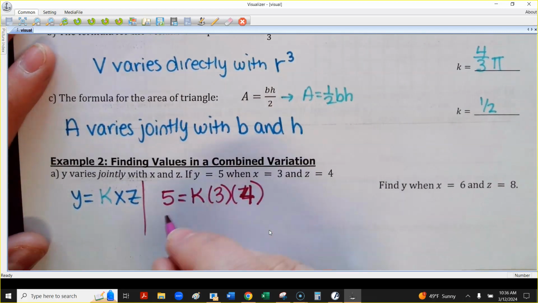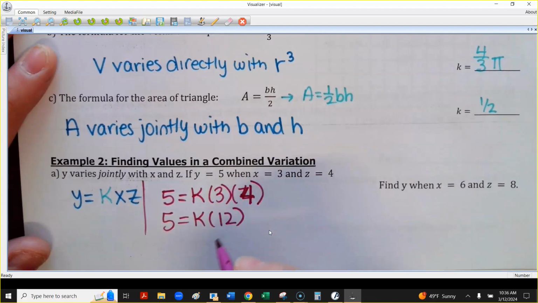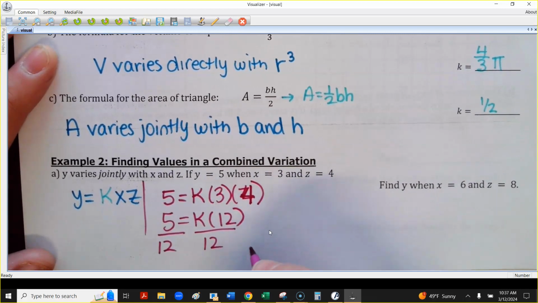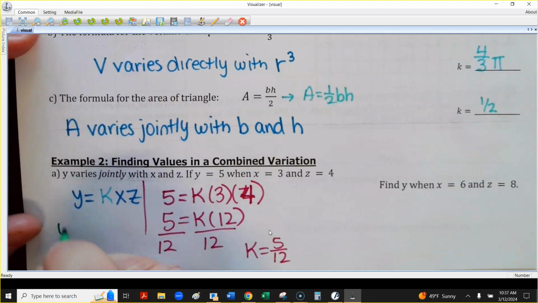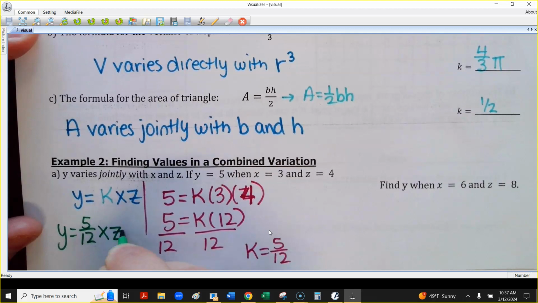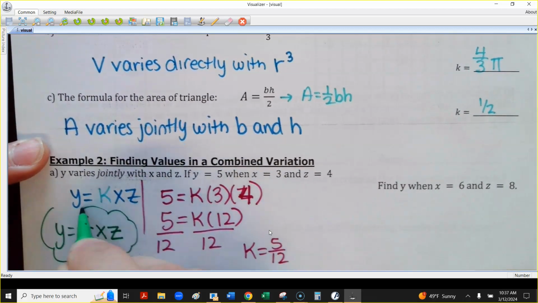So this would just be 5 equals k times 12. So to get that alone, it's not the greatest number in the world here, but the k value is 5 over 12. So then the actual equation that we would use here would be y equals 5/12 xz, just like that. That would be a general equation we could use for any situation here.